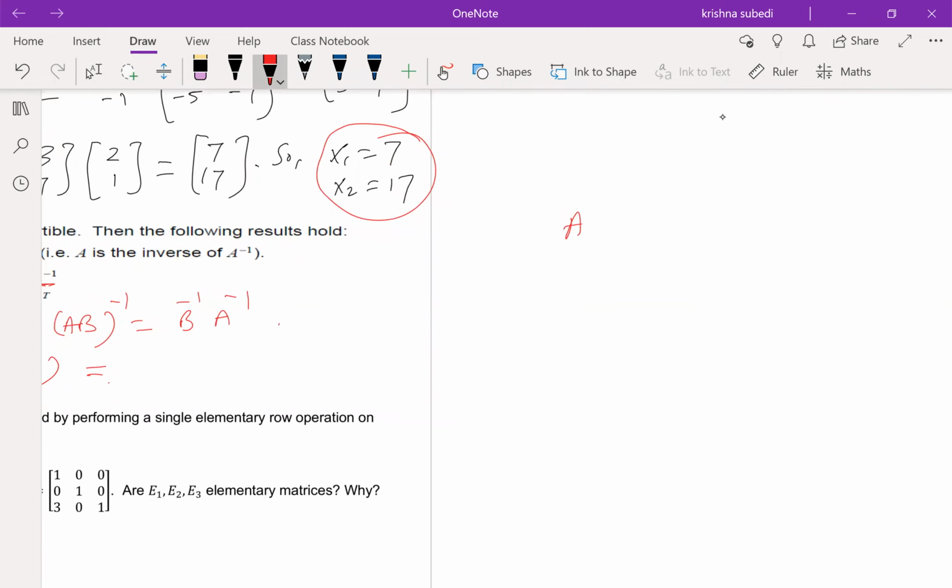So we want to consider AB and B inverse A inverse.